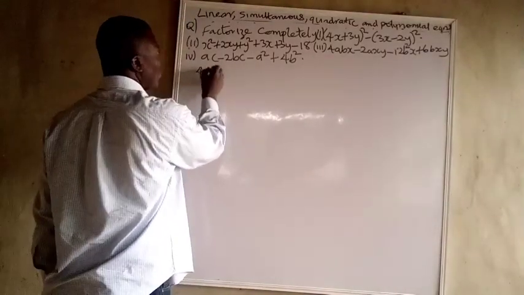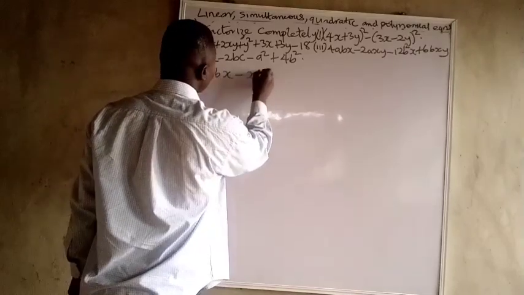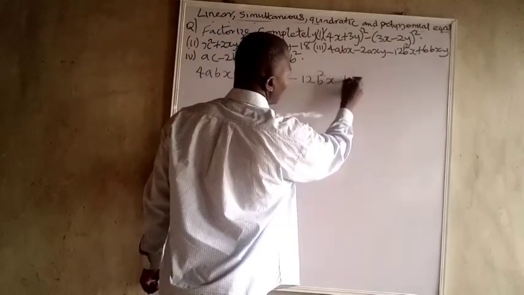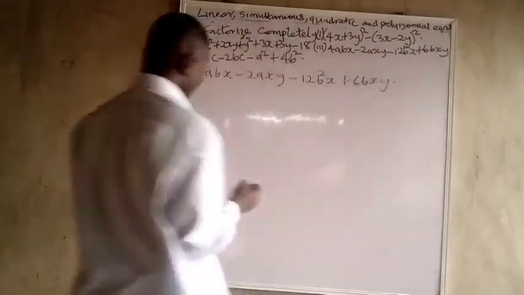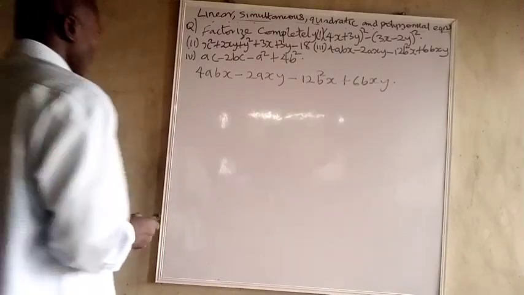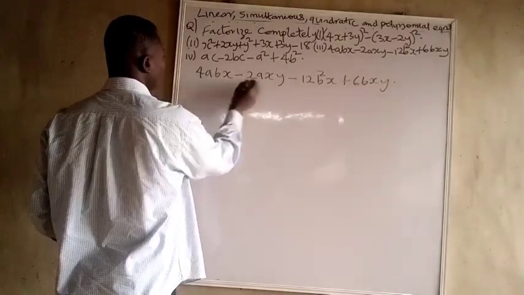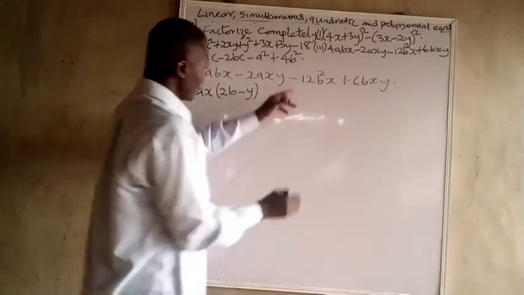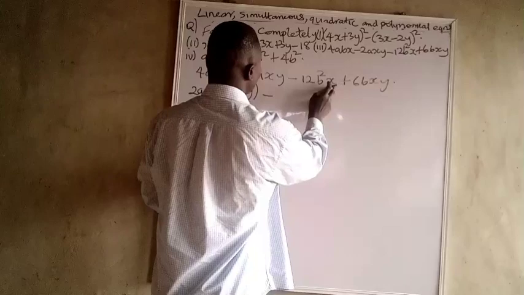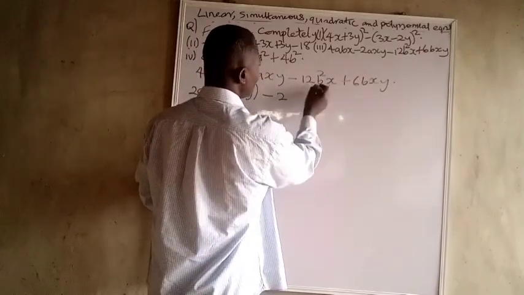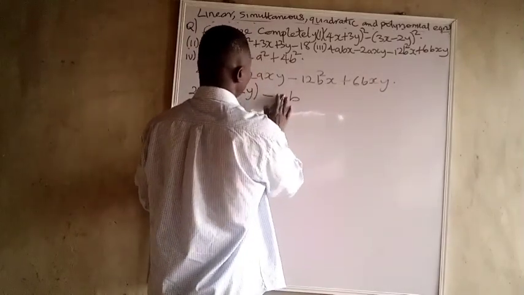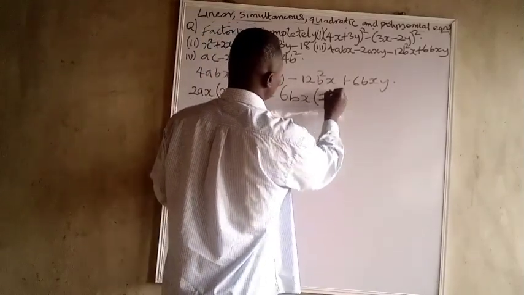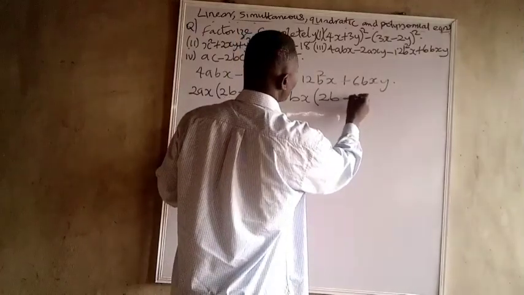We have the question 4abx minus 2axy minus 12b squared x plus 6bxy. So we have to factorize this completely. Let's look at this. We have some common factors. We have 2ax into 2b minus y. And here too, we have 6bx into 2b minus y.